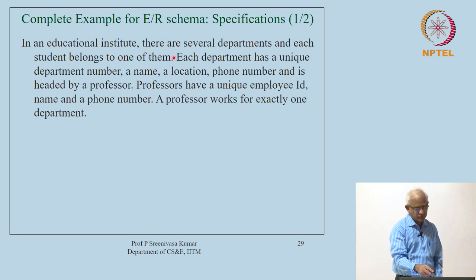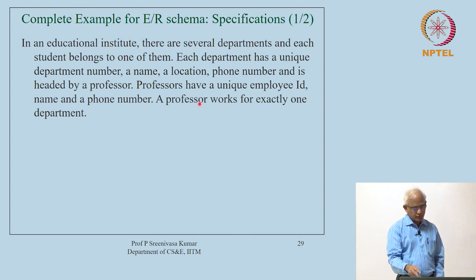Many of these concepts have actually been introduced as examples as I was discussing these various notions. So, let us capture all of them together and put them in one place as a complete example. In an educational institution there are several departments and each student belongs to one of them, and the department has a unique department number, a name and a location, phone number, and is headed by a professor.